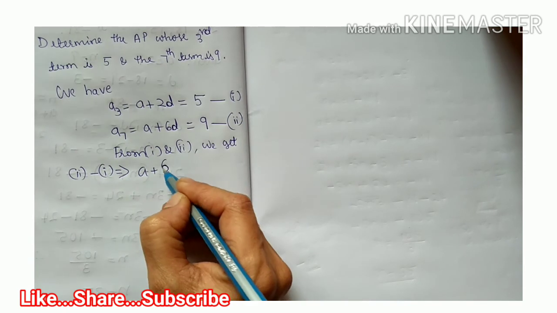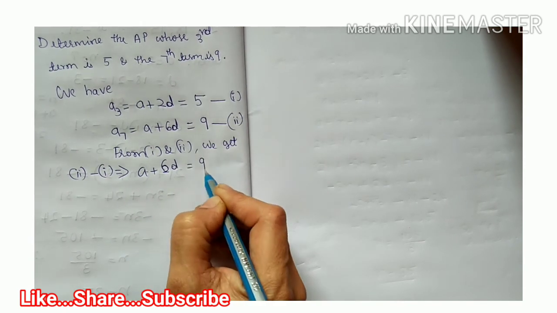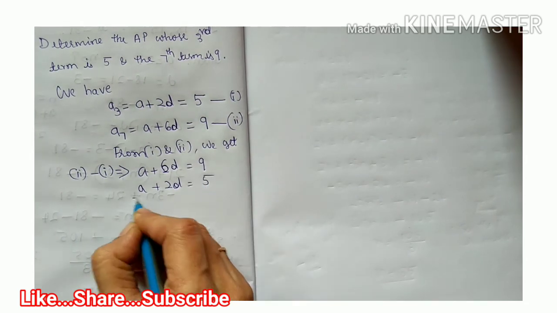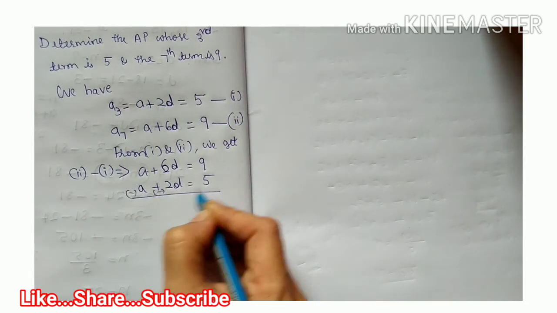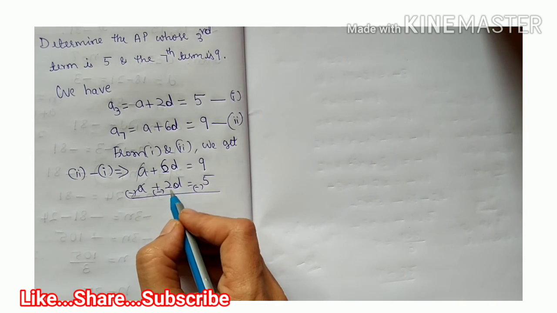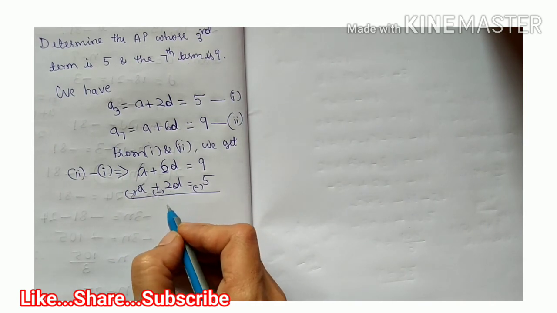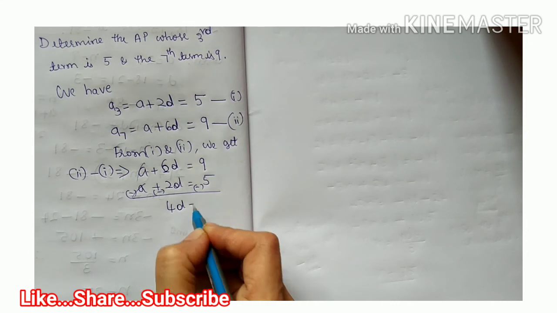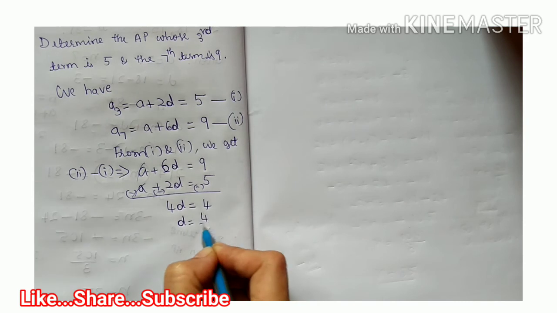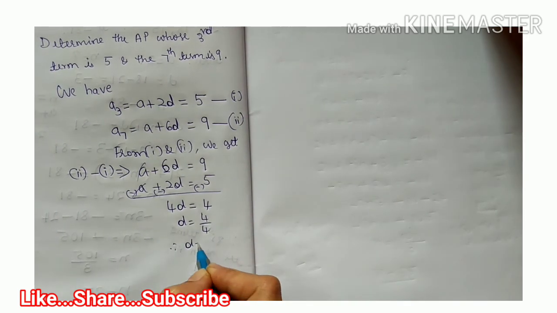A plus 6d is equal to 9, a plus 2d is equal to 5. Here a cancels, 6d minus 2d is 4d, and 9 minus 5 is 4. 4 by 4, therefore d is 1.